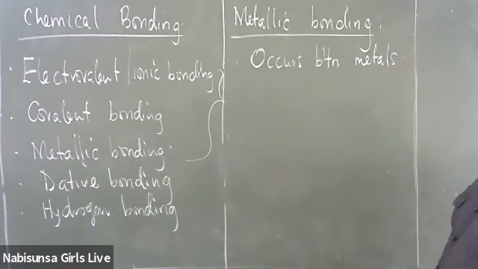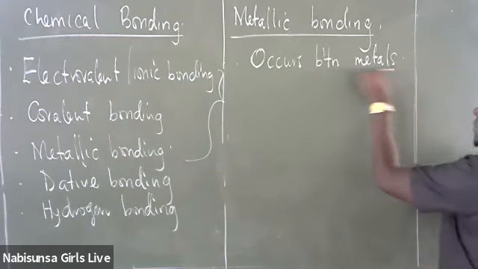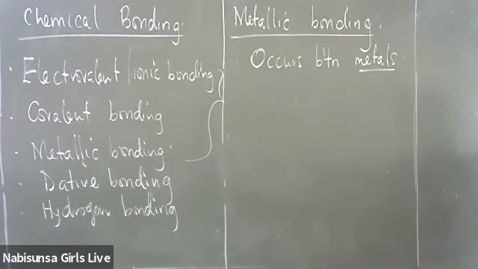And then another thing: if it occurs between metals, does it involve transfer of electrons? Because what do you know about metals? If it occurs between metals, how can you identify metals first, before you go to how the atoms of metals combine?